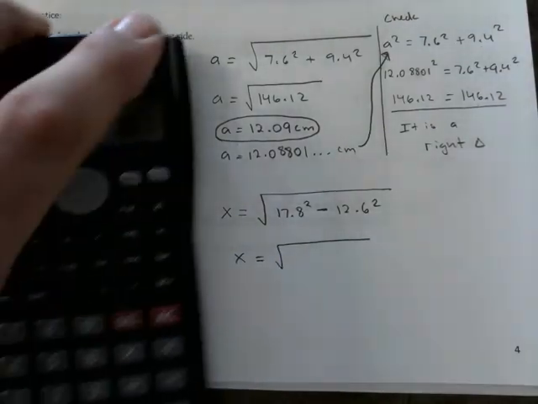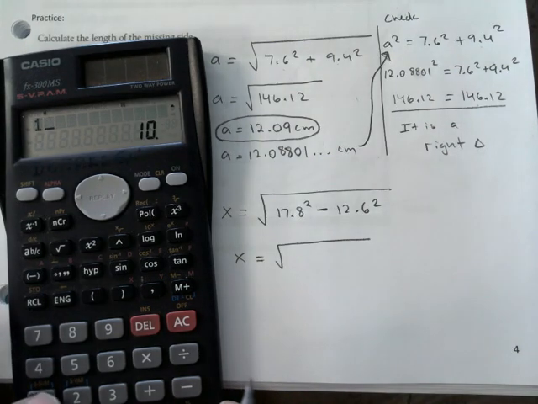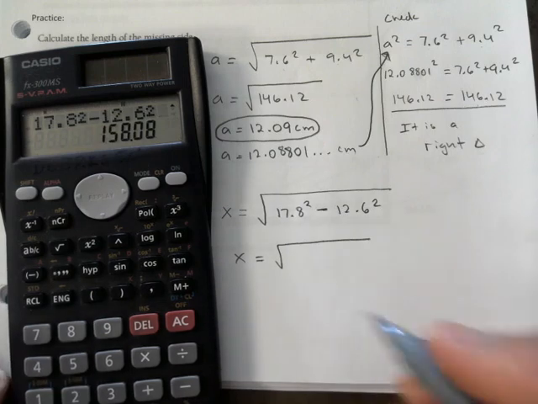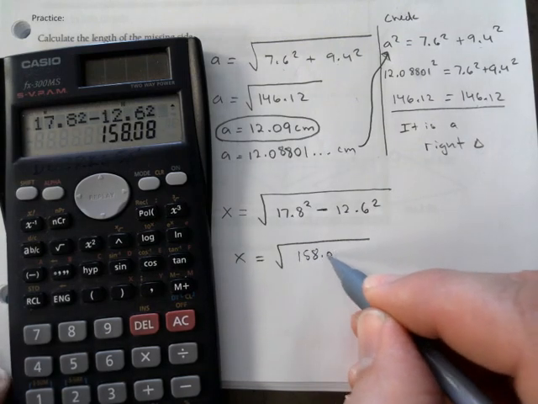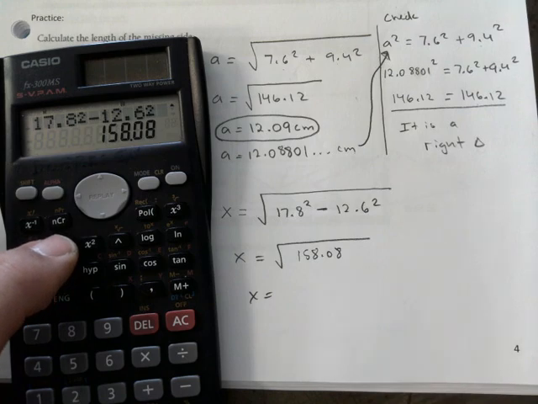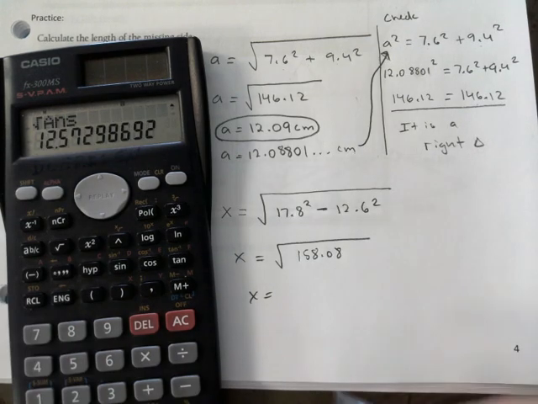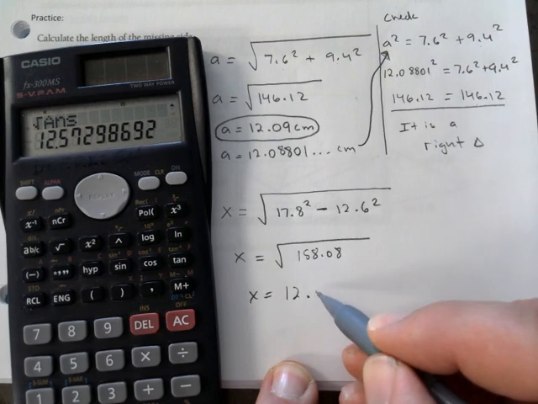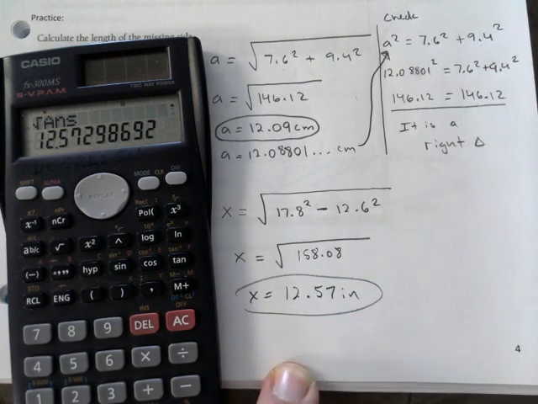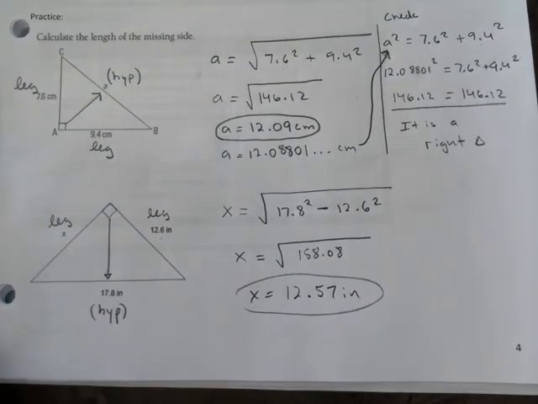So you grab your calculator, you go 17.8 squared minus 12.6 squared, it's 158.08. Make sure you square root it, because it wouldn't make sense for your answer to be 158.08. That's 12.57 inches. You're done. You don't have to do the check every time. I just wanted you to see that.